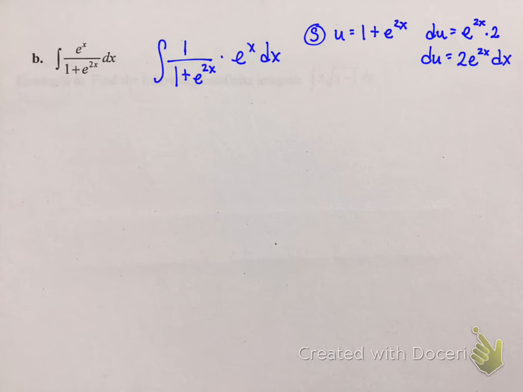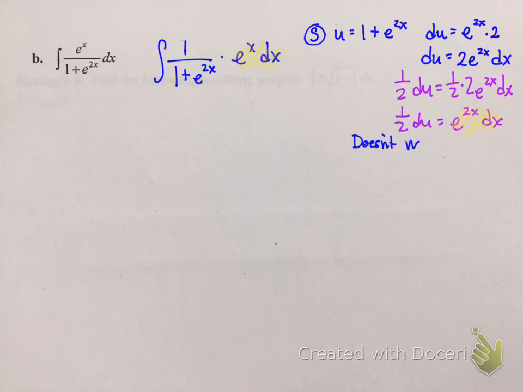I am allowed to multiply by 1/2 to get rid of the coefficient of 2, so 1/2 du equals e to the 2x dx. I still have problems here, because my leftovers do not match up. e to the x dx does not match e to the 2x dx, so this doesn't work. So we've got to figure out something else and start over.